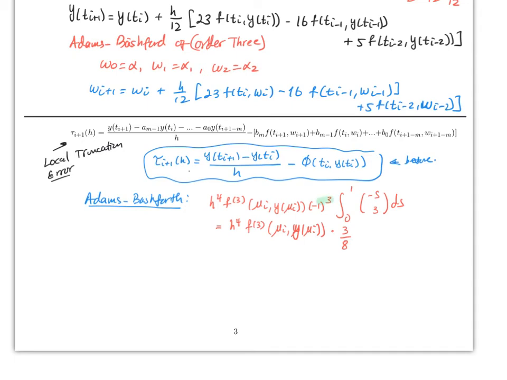So when you use the table, all of this is equal to this. You can also integrate the whole thing if you wanted to convince yourselves, but you can just use the table and it will tell you this is just equal to this part.